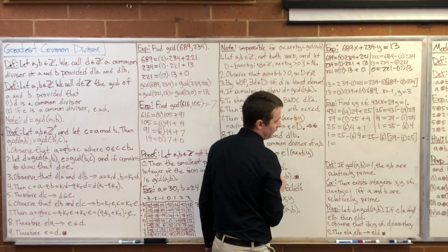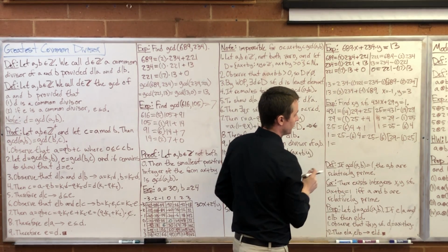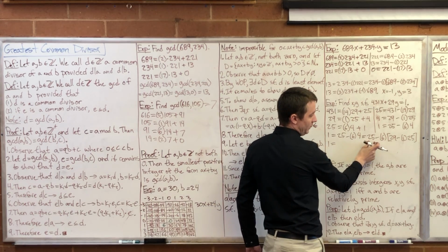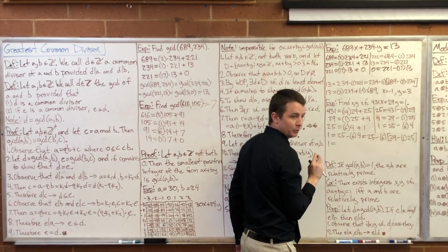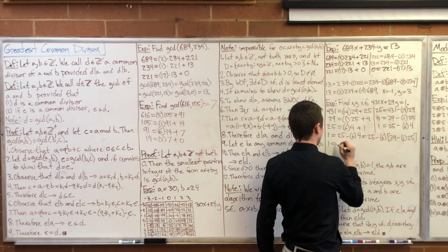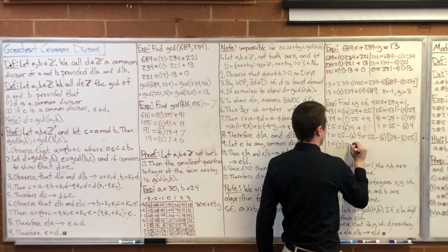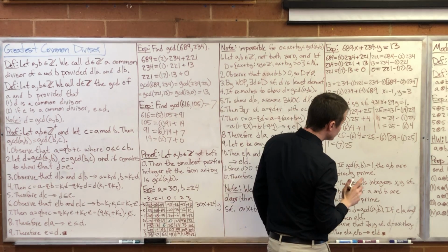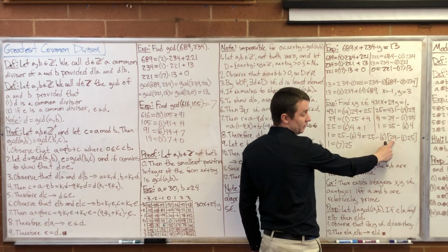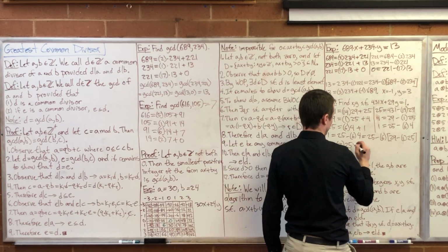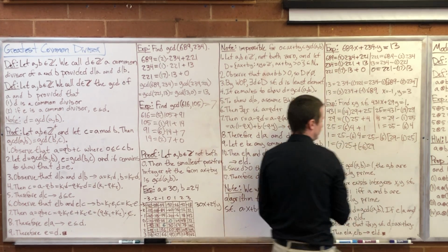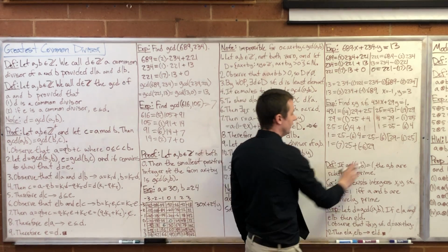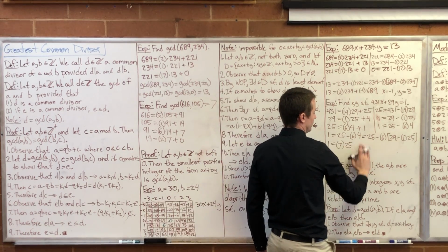How many 25s do we have? 7. We have 1 here, and then we have minus 6 times minus 1 is positive 6, so we have a total of 7. So we have 7 25s. And how many 29s do we have? Negative 6, right? So plus negative 6 29s, or we could have just said minus 6 29s. I think I'll just stick with the minus 6.